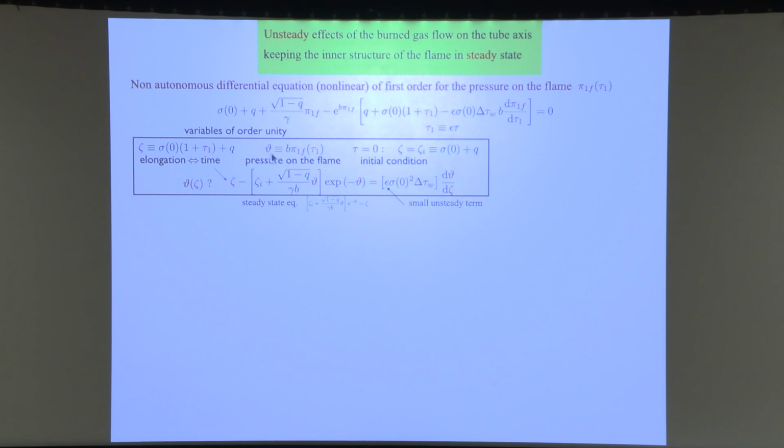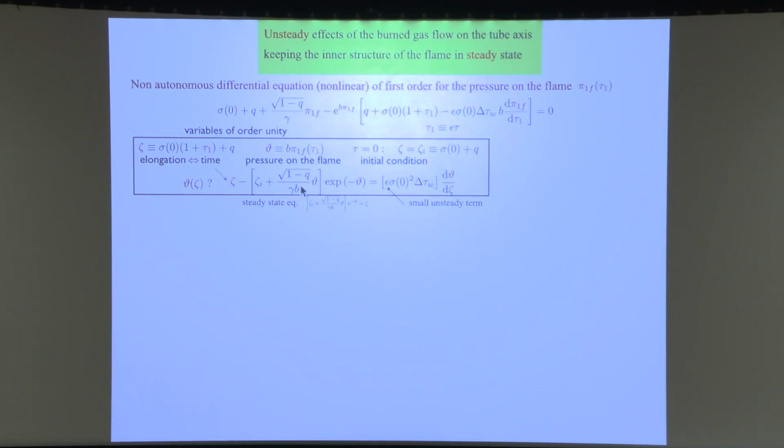I have introduced a non-dimensional, reduced pressure nu here, which is the pressure times a coefficient that is a constant associated with the activation energy, reduced, and this B is of order unity.